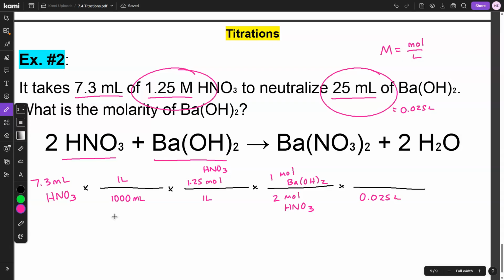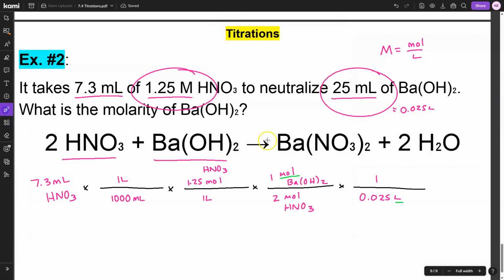So we put a 1 on the top here. This last step is tricky because these units are not the same, and we put a 1 on the top. And the reason we're doing that is because our units are going to be moles divided by liters, which is the same as molarity.